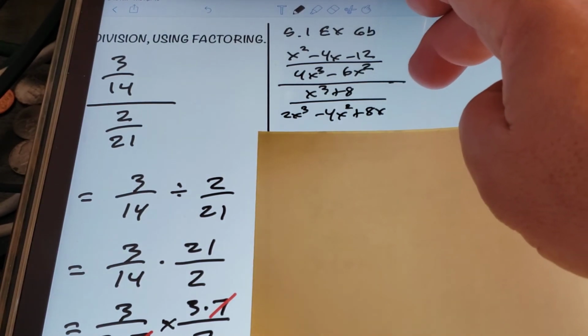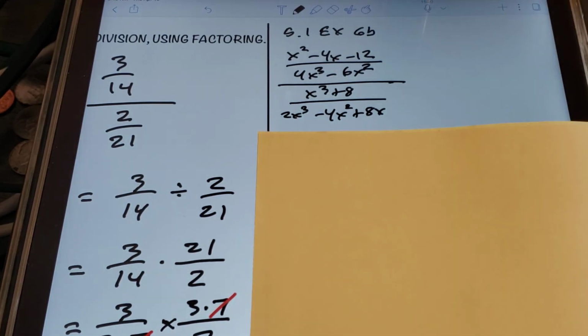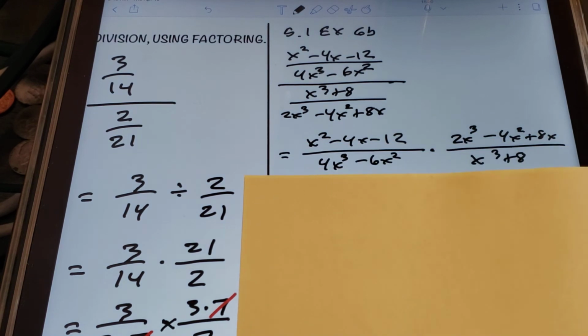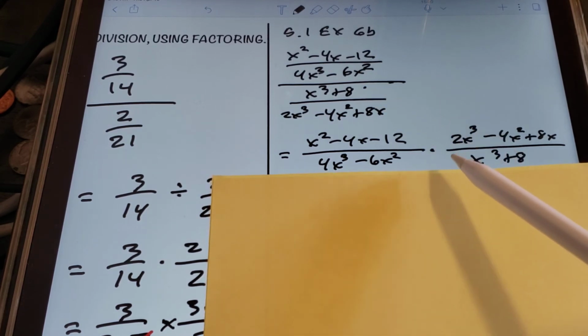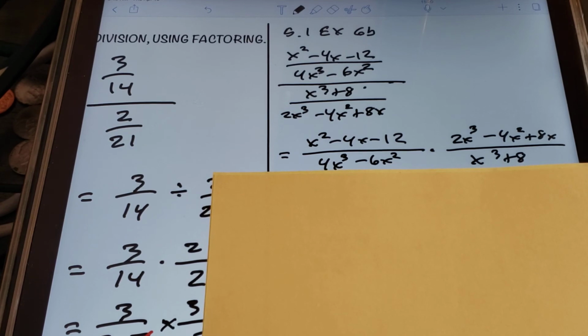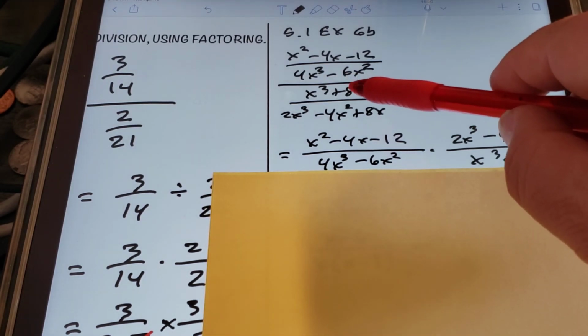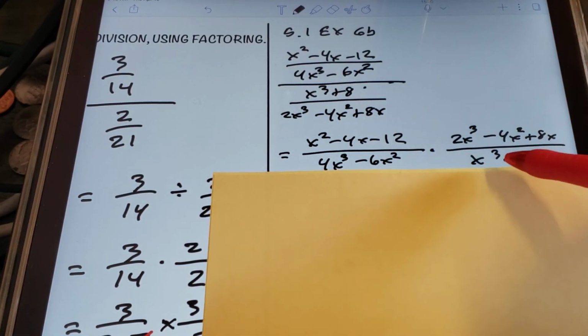That's what this middle line here is. And then I'm going to change to a multiplication. So let's do that first. To divide, we multiply by the reciprocal. So the reciprocal is just, instead of the x cubed plus 8 in the numerator, it's going to be in the denominator.